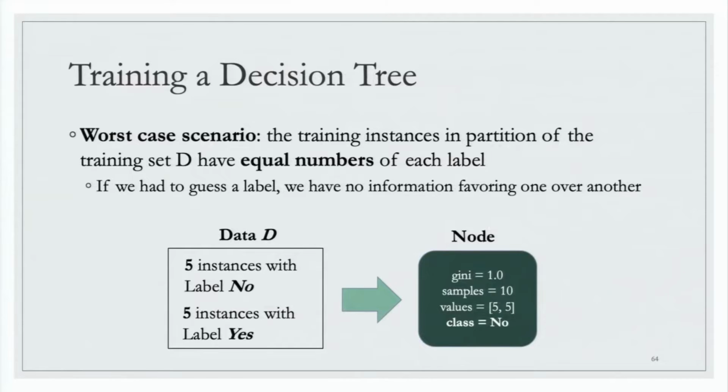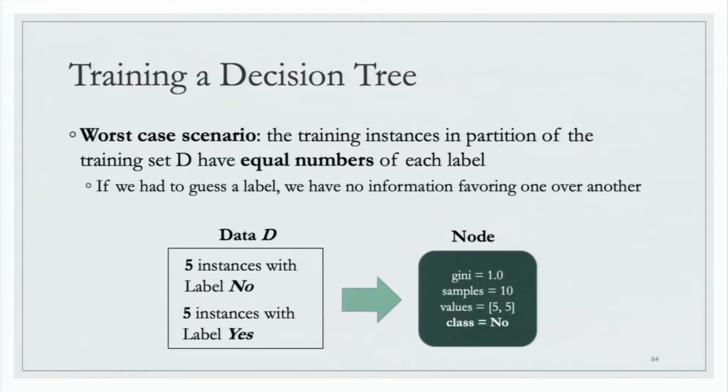Instead, we're going to face a situation where we have multiples of yeses and multiples of no's, or multiples of any of our categories of the outcome. The worst possible case is when they have the same number. So here we're completely uncertain. We have no information that causes us to lean one direction over the other. There's an equal amount of no's and yeses.